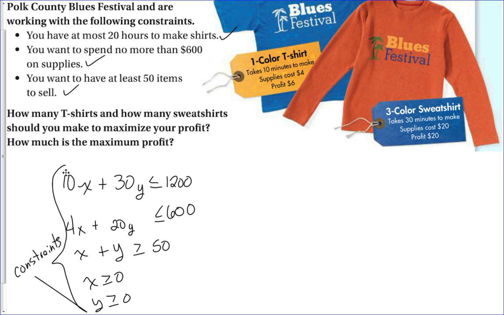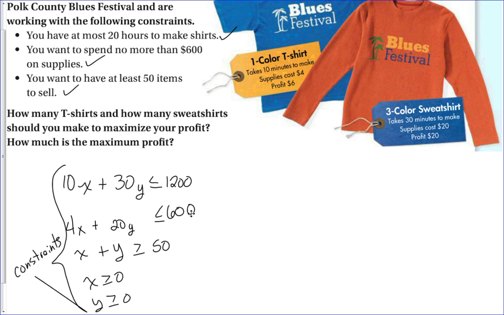Again, let's just go over this. It takes 10 minutes to make a shirt. T-shirts are x, sweatshirts are y. It takes 10 minutes to make a shirt plus 30 minutes to make a sweatshirt. That has to be less than or equal to 1,200 minutes because 1,200 minutes is 20 hours. That's our first constraint. Then we want to spend no more than $600 on supplies, so it costs $4 to make a t-shirt plus $20 to make a sweatshirt.